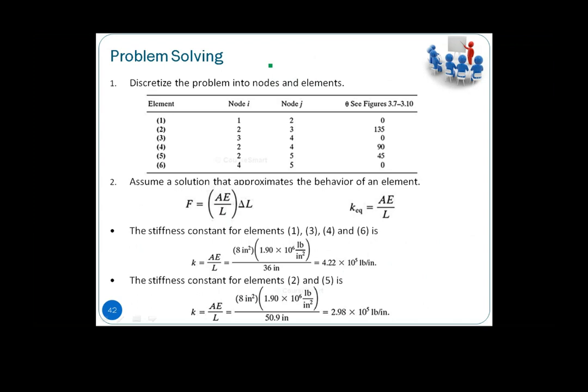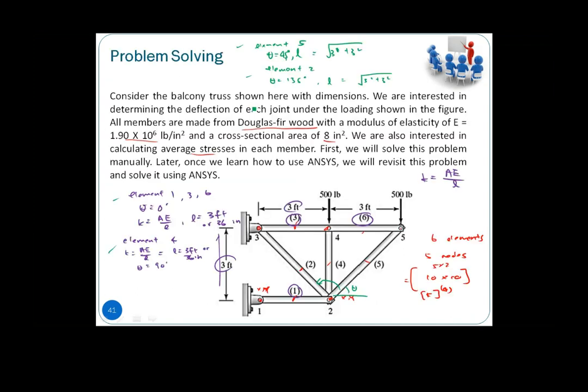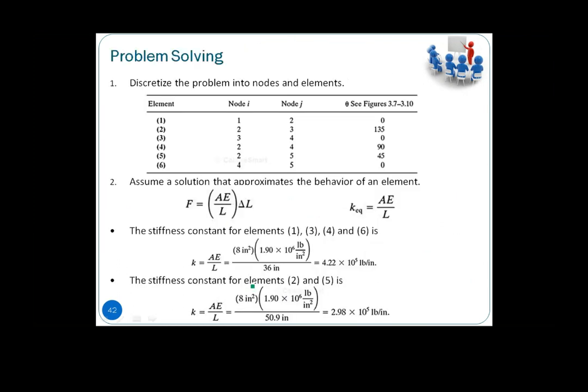Now we discretize the problem into nodes and elements: 6 elements, 5 nodes. Element 1 covers nodes 1 and 2, element 3 covers nodes 3 and 4, element 6 covers nodes 4 and 5, element 4 is nodes 2 and 4, element 5 is nodes 2 and 5, and element 2 is nodes 2 and 3.